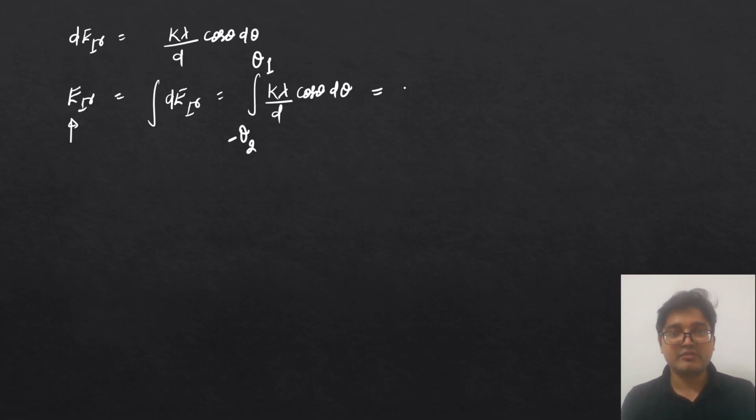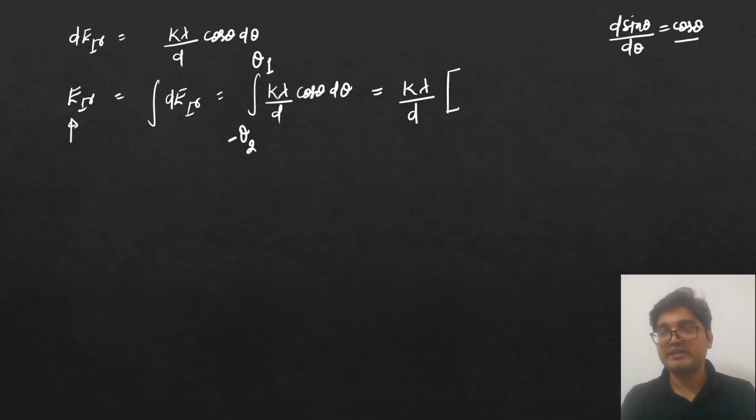Now k lambda by d being constant, we will take it out of the integration sign, and the integration of cos theta is sine theta, because the differentiation of sine theta is cos theta. The limit is minus theta 2 to plus theta 1.